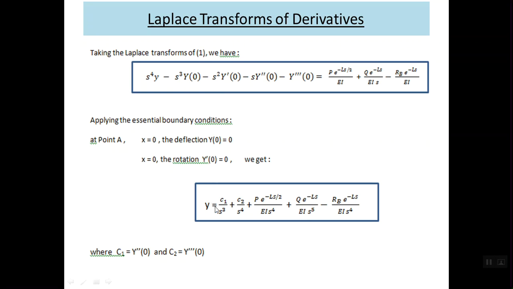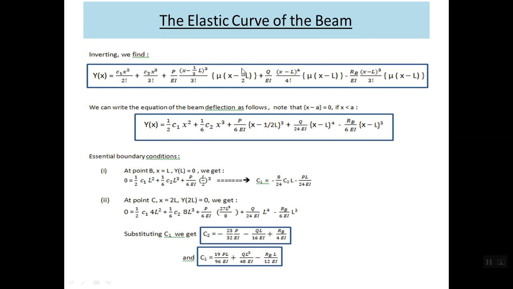Then we end up with only C1 and C2, where C1 is related to the second derivative and C2 to the third derivative. Then we do the inverse transform to get the elastic curve equation.